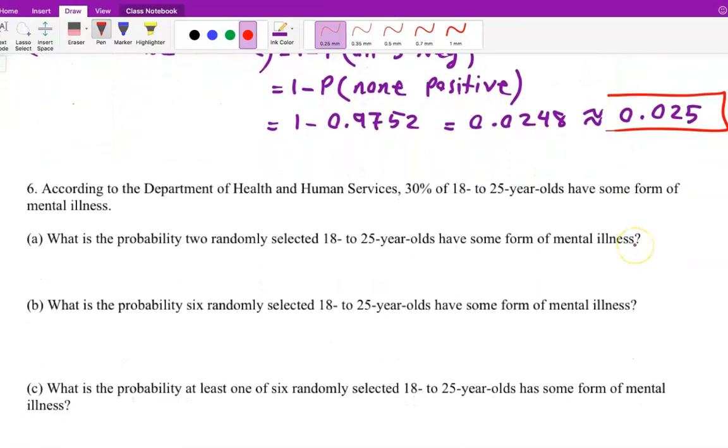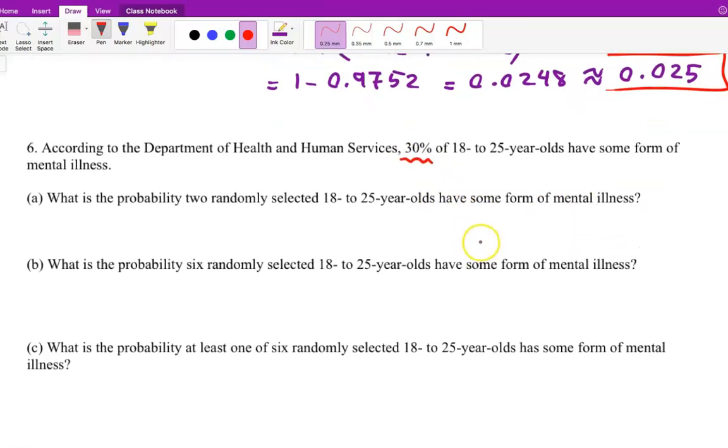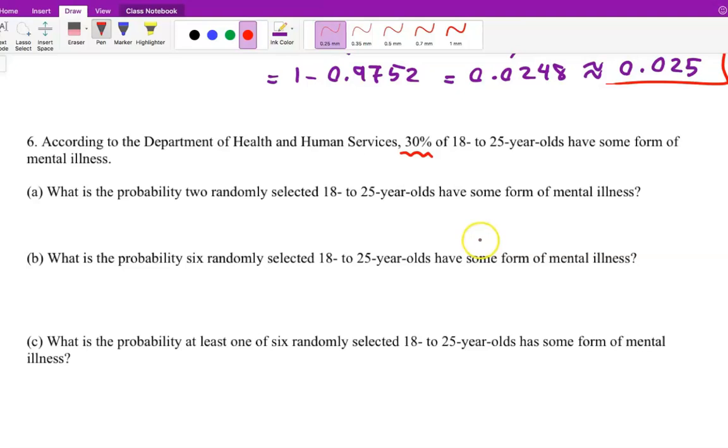Okay, number 6. According to the Department of Health and Human Services, 30% of 18 to 25-year-olds have some form of mental illness. What is the probability to randomly select 18 to 25-year-olds who have some form of mental illness?